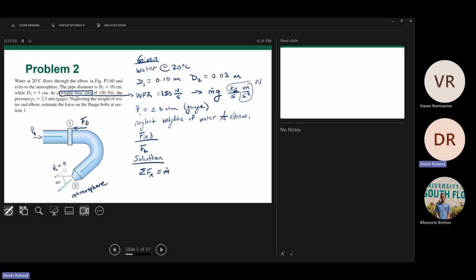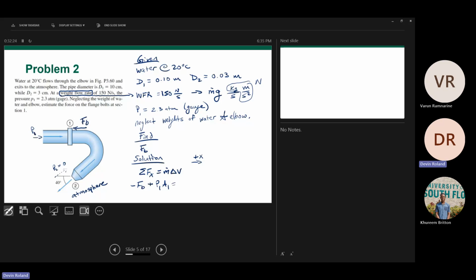So this is equal to m dot delta V. If we go ahead and expand these terms, we're going to get a negative FB, assuming that positive X is to the right, plus P1A1, since that pressure is going to the right.